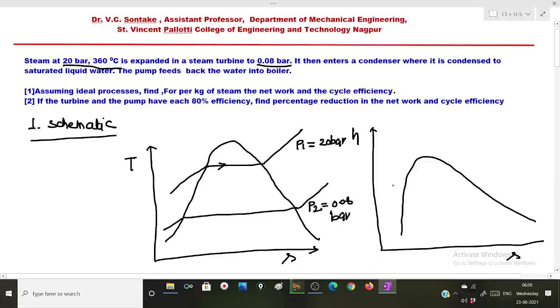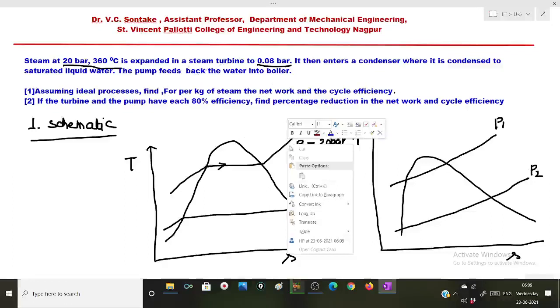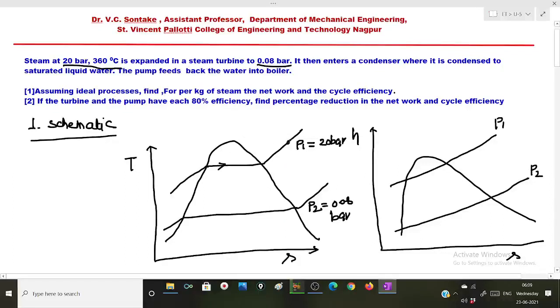The corresponding pressure lines on the enthalpy entropy diagram are represented in this manner. If I consider the condition of steam as superheated, it can be lying on the boiler pressure line somewhere here.